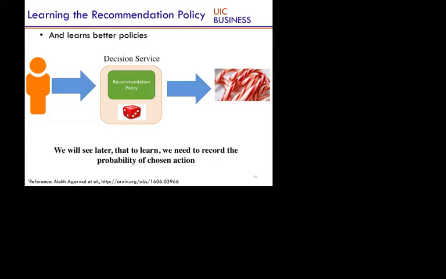But for now, it's clear, right? Let's say we start with some baseline policy, some rules, some heuristics that you encoded on your website. How do you change from some baseline rule to some other better rule in terms of the feedback signal? If you change the recommendation policy, hopefully the user is going to spend more time on the web page or click more items. That's the type of signal that you get.